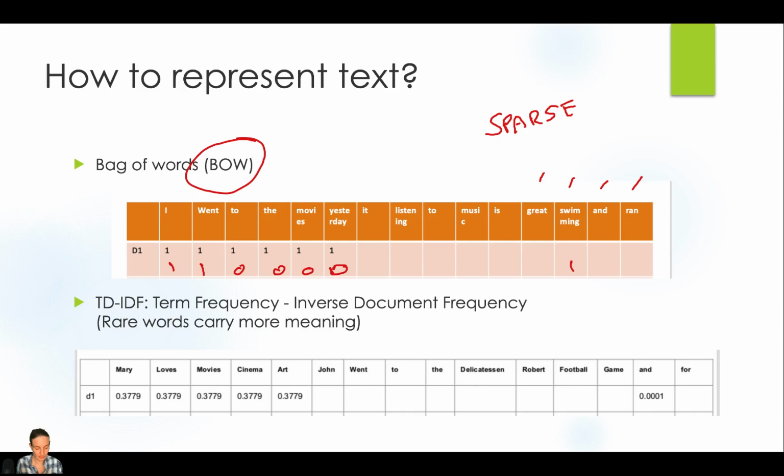A related but slightly more improved representation of text is TF-IDF, term frequency inverse document frequency. So this one focuses on the fact that rare words carry more meaning. So for instance, words like "and" are going to have a very low value and others are going to be higher.